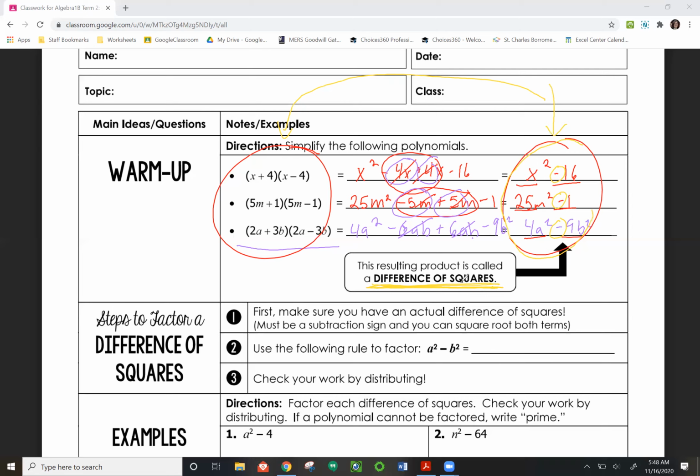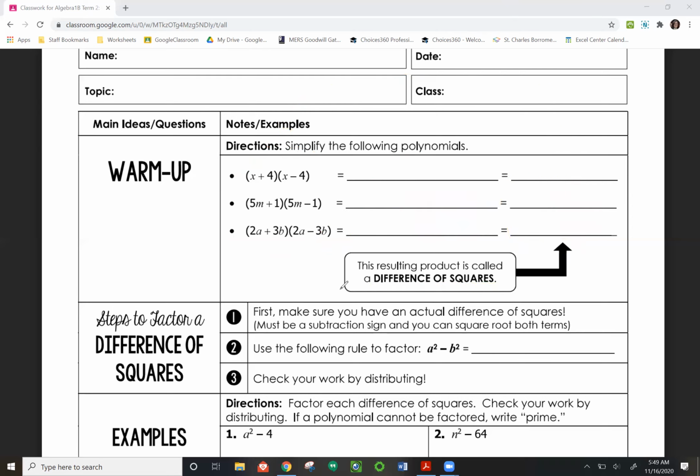Okay, so let's go ahead and look at the steps to solving these. First, we want to make sure that we actually have a difference of squares. So step one, look at your expression, and make sure you have a difference of squares. There's a few things you need to consider. First, you need to make sure that there are two terms.